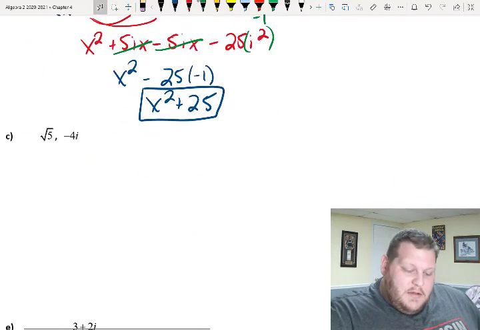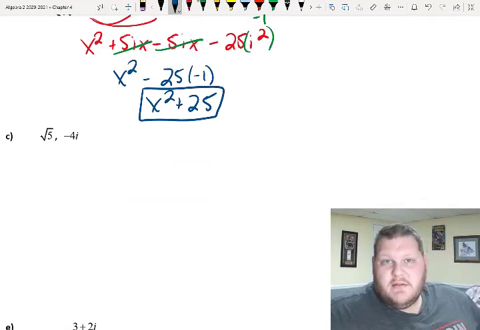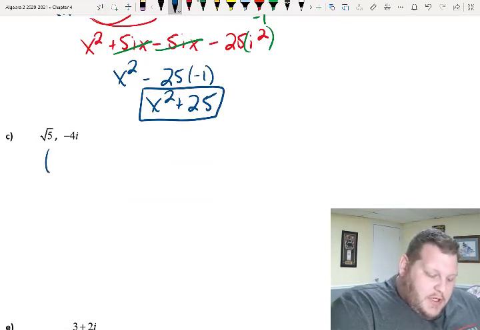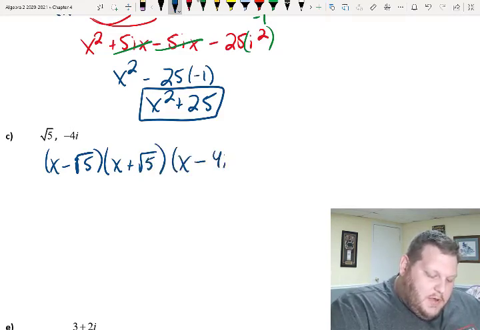All right, so C, we have two different conjugate pairs that we'll have to deal with. If we know that x minus the square root of 5 is a factor, x plus the square root of 5 has to be a factor, and x minus 4i and x plus 4i.